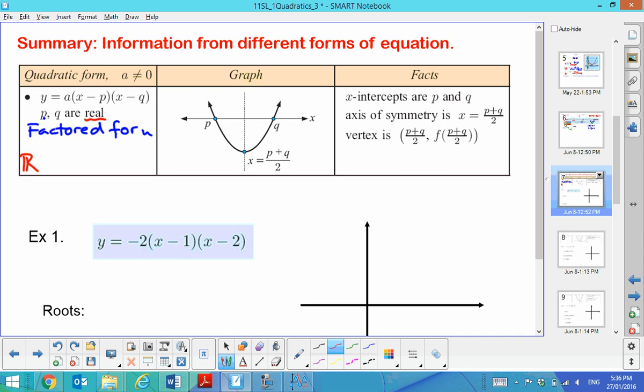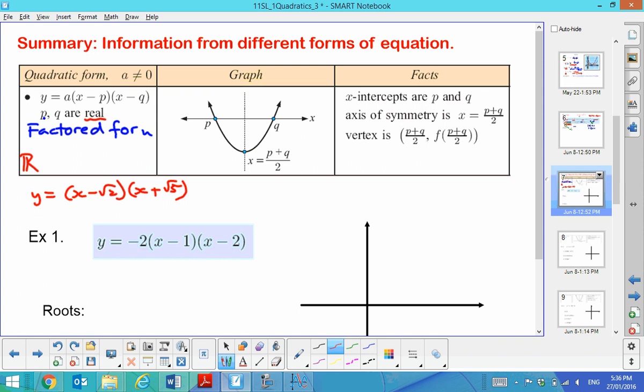So that means it can be whole numbers, they can be fractions, they could even be irrationals. We could have an equation with y equal to x minus root 2, x plus root 5. So these can be any real number, positive or negative, fractions, decimals, or irrationals.